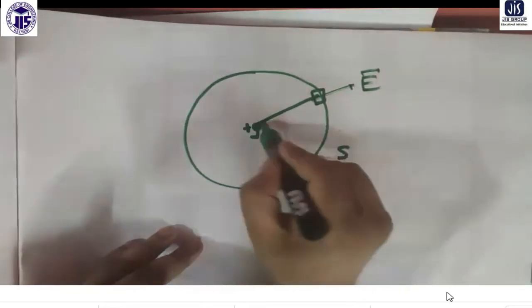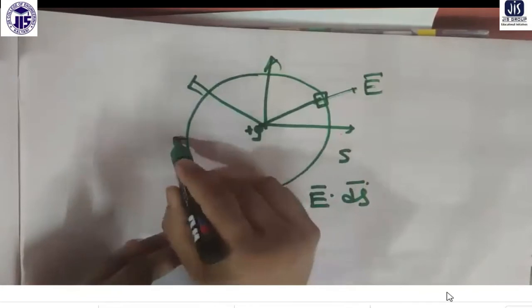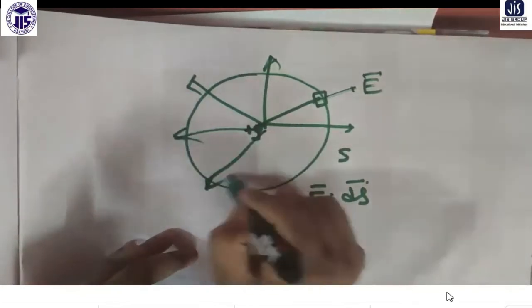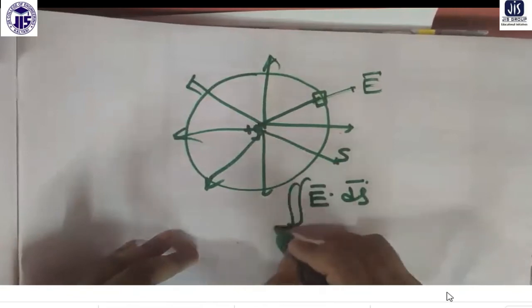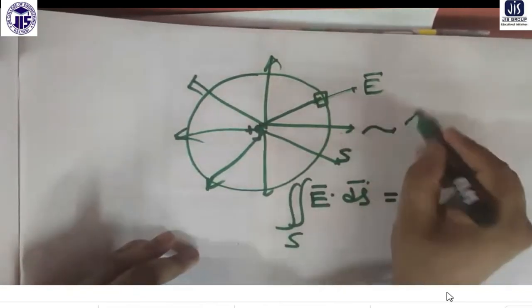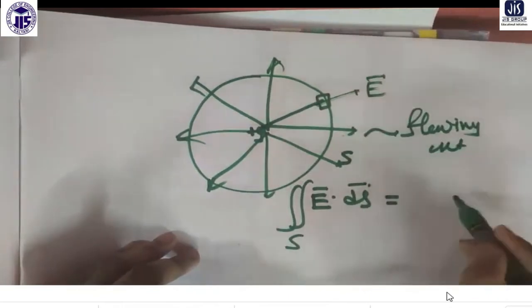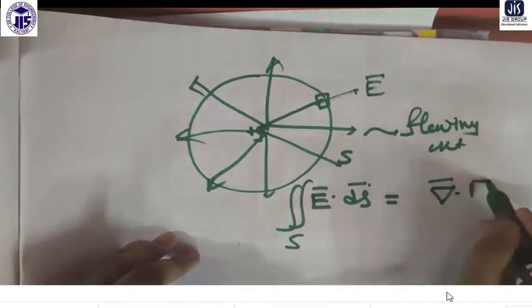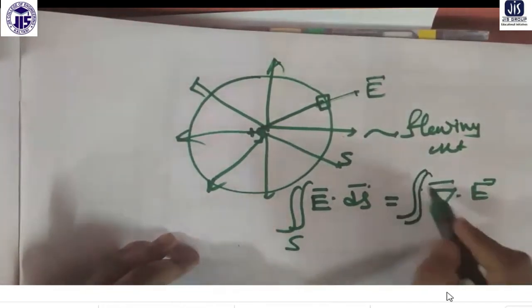I am considering all the electric lines of force coming out, so the total electric lines of force coming out is the surface integral. And the force flowing out, according to the vectors, is expressed by divergence. So that net flow is basically the divergence over the full volume element.